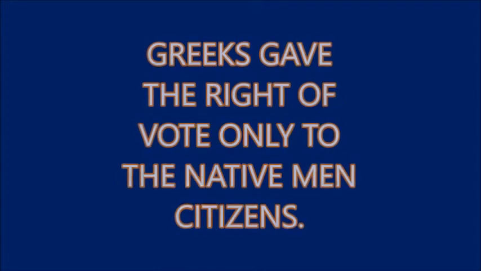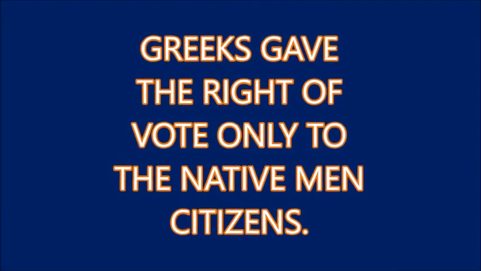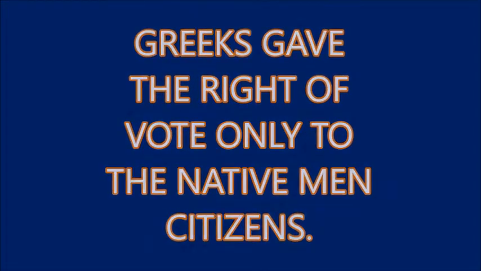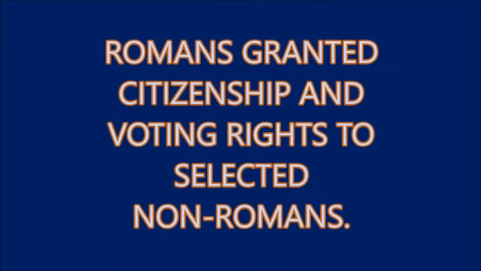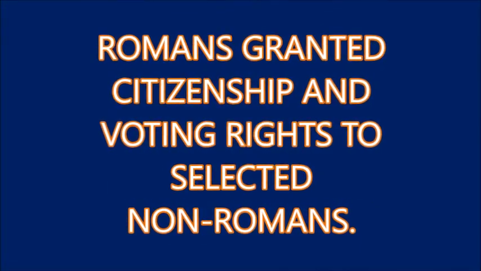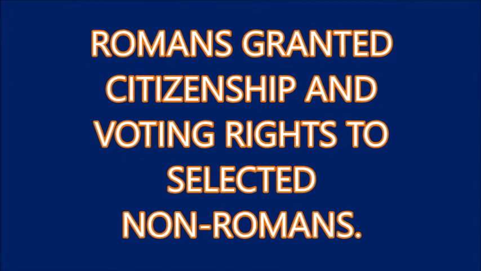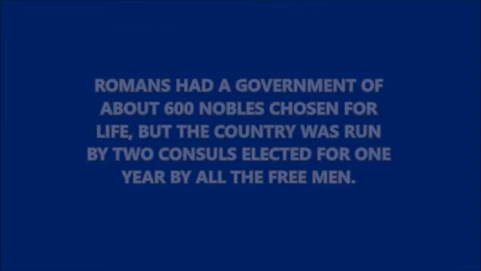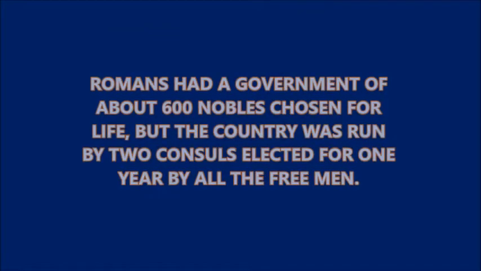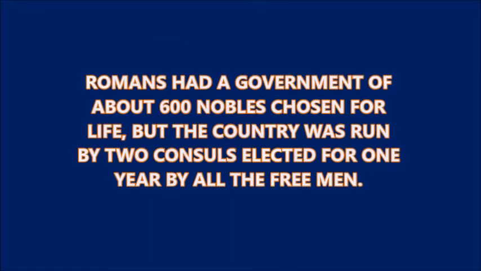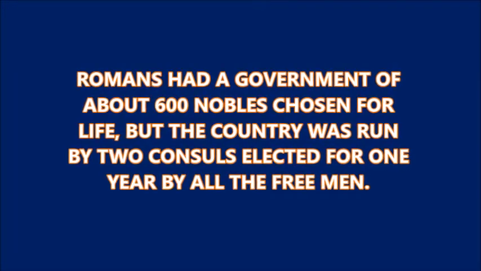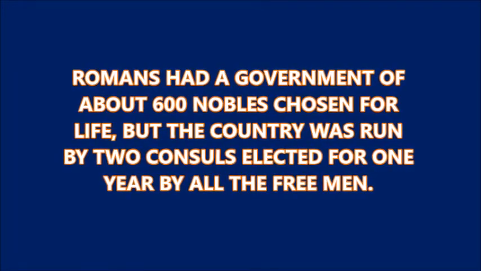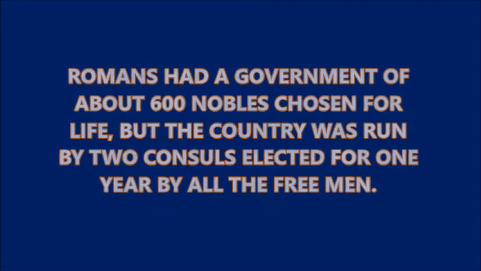Greeks gave the right to vote only to the native male citizens, while Romans granted citizenship and voting rights to selected non-Romans too. Romans had a government of about 600 nobles chosen for life. But the country was run by two consuls elected for 1 year by all the free men.